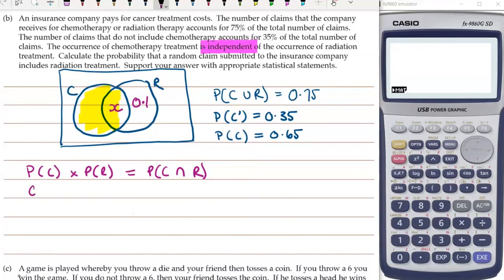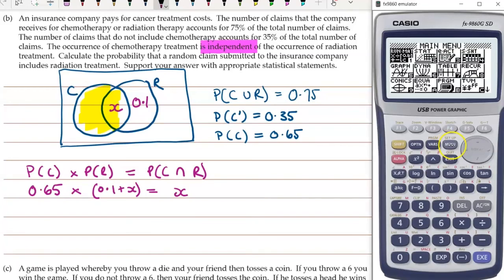Now, the probability of C is 0.65. We've got that already. Probability of R is 0.1 plus X. And that will equal the probability of C and R, which is the X that's in the middle there.